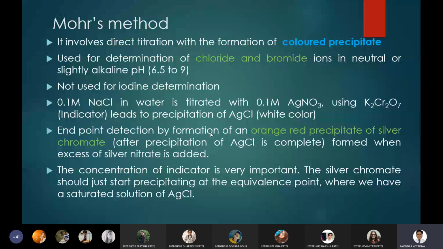The principle we understood initially is a typical example of Mohr's method, and by this way we can determine chloride ions or bromide ions specifically in neutral or slightly alkaline pH.